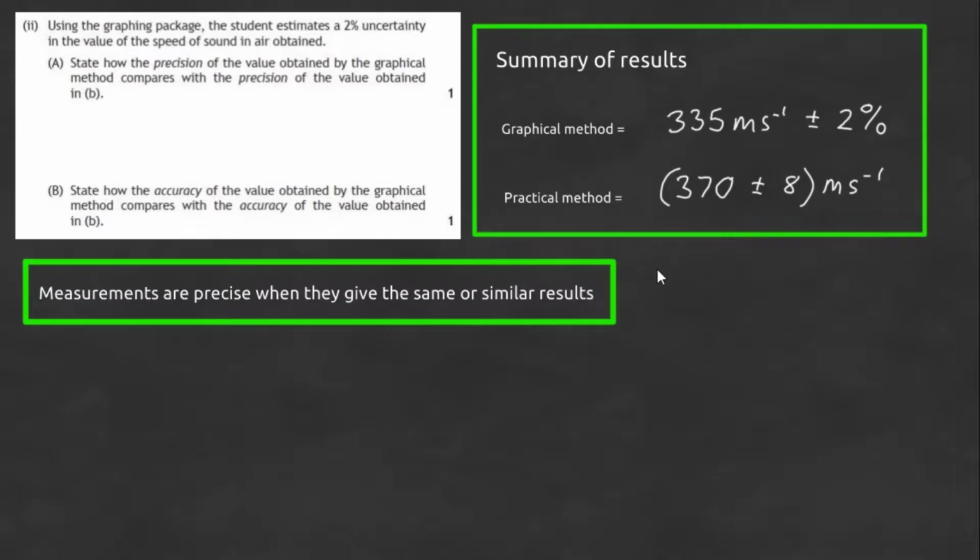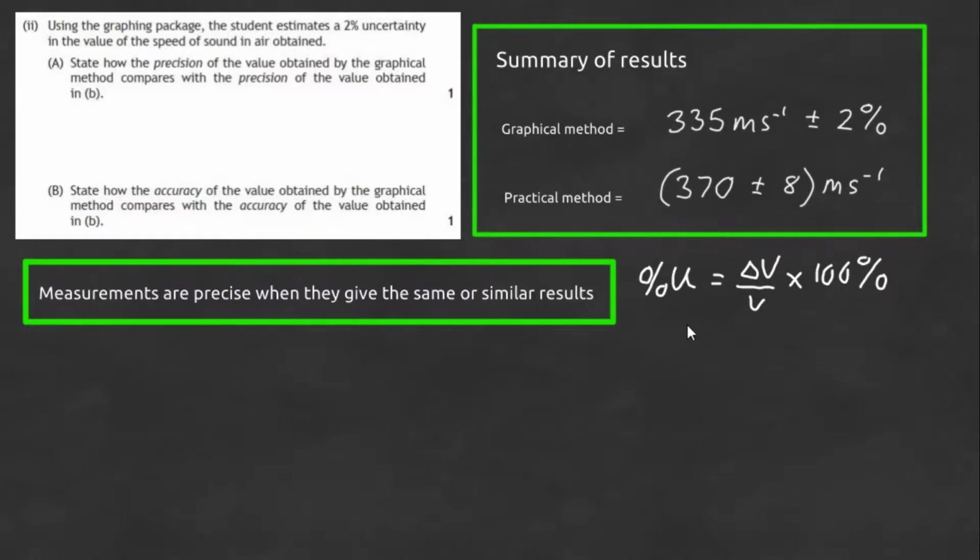Remember, the percentage error, or percentage uncertainty, is equal to the uncertainty in the speeds, which we'll say is delta V, divided by the actual value V, multiplied by 100%.